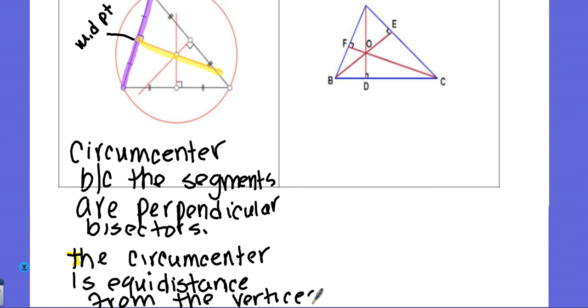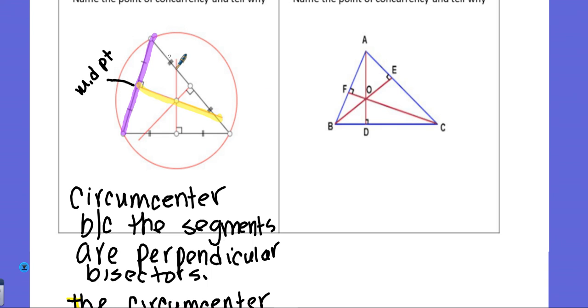Now what I mean by vertices is the vertices of the triangle right here. So this point right here is equidistant from this point, this point, this point. So what that means is from here to here is a radius. These are called radii, and they're all going to be the same length. So if this is 5, that's 5, and that's 5. And the circumcenter normally has a circle on the outside of it.